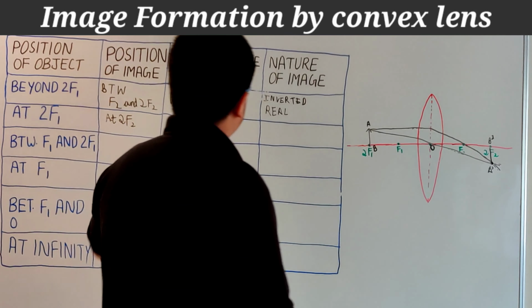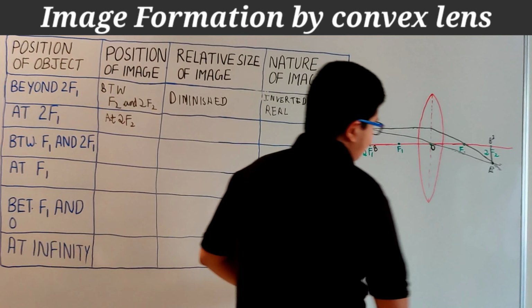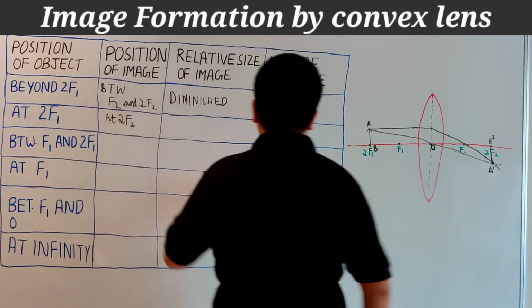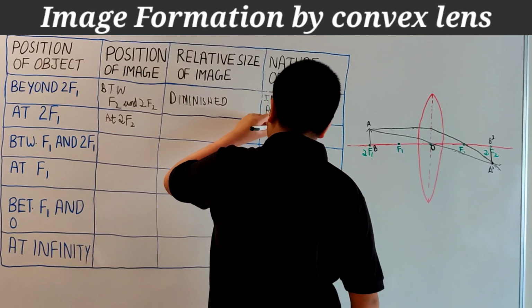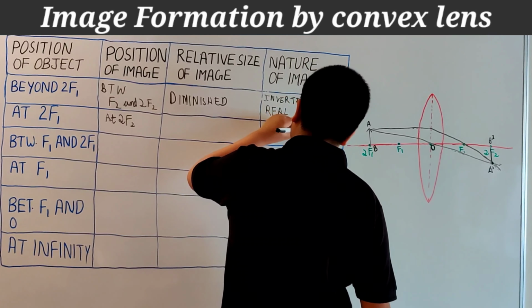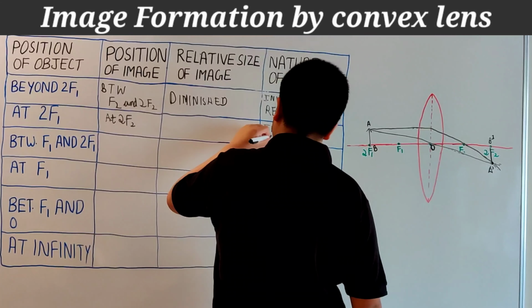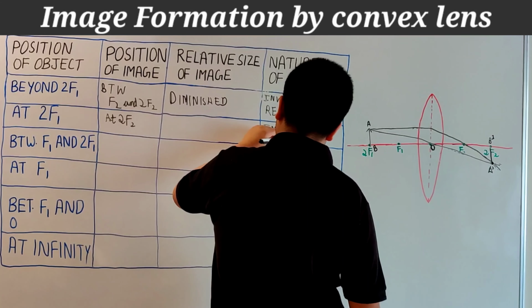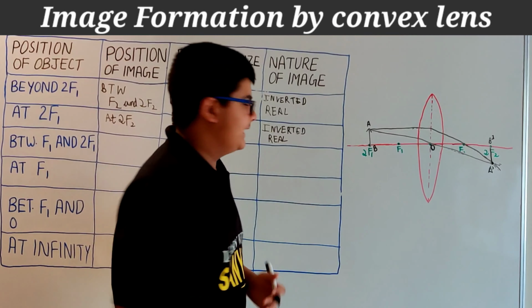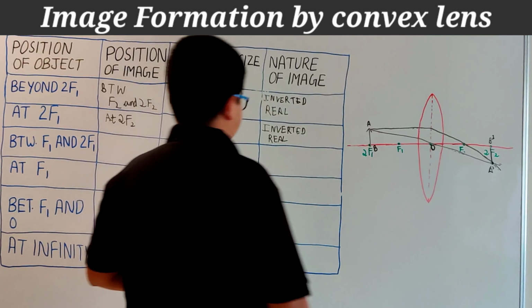Now let's find the nature of image. Here you can see that the image is inverted as it is below the principal axis, and also as the rays are actually meeting, the image is real. So real and inverted. And now let's find the size of image.